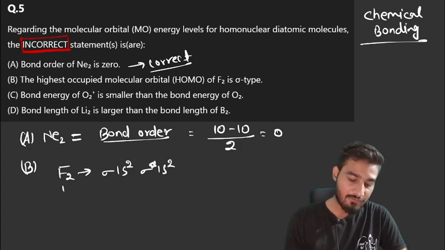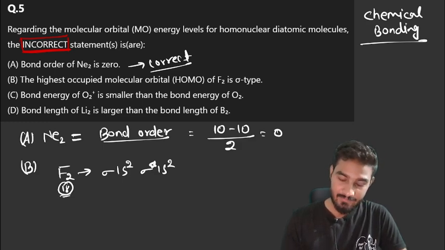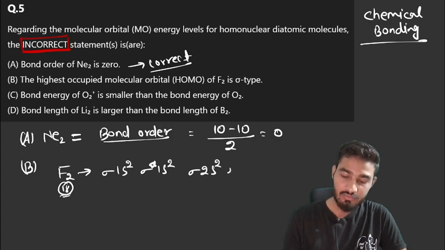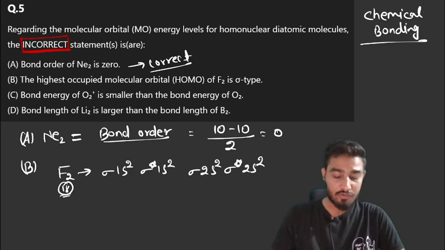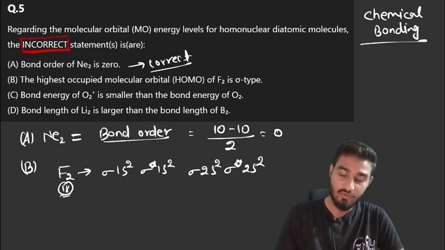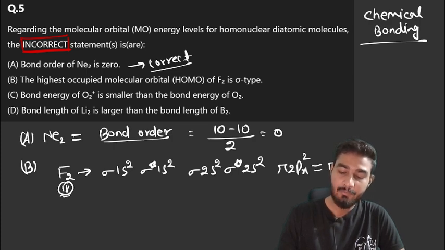How many electrons do we have to fill? 18 electrons. Sigma star 1s2. After that sigma 2s2, sigma star 2s2. After that, because the electrons are more than 14, it will go in pi 2px2 and pi 2py2. After that sigma 2pz2.